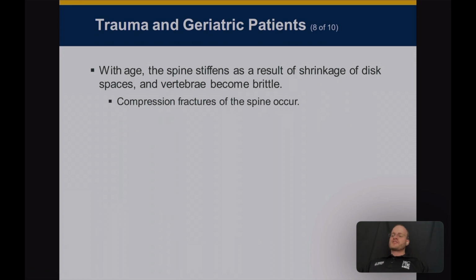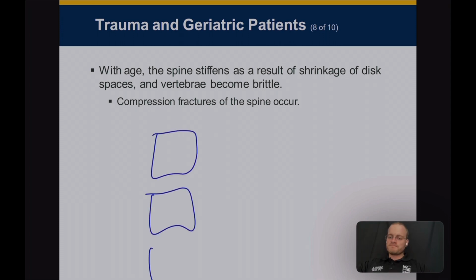And so with age, I showed you this in the previous video. The spine stiffens, and as a result, there's a shrinkage of the disc, these little cartilaginous discs in between the vertebra. And so you do lose a little bit of height as we age for that reason. And so this is where you can get what I talked about earlier, the compression fracture, where if this is vertebra, these discs, instead of being nice and plump, they look like this, right?